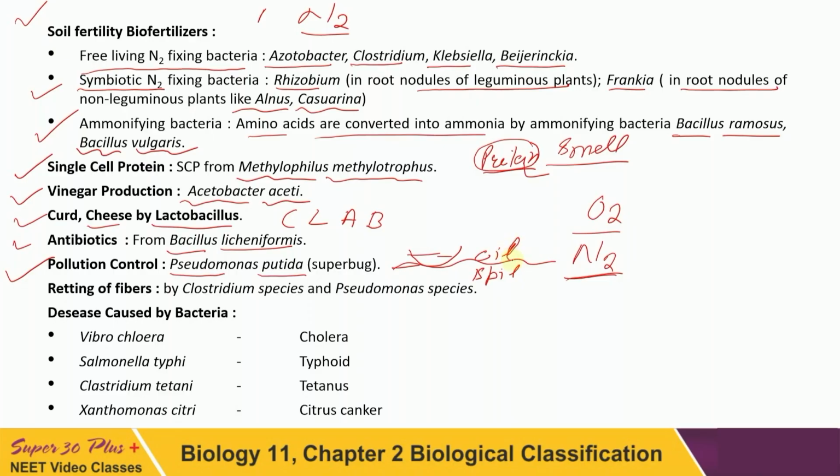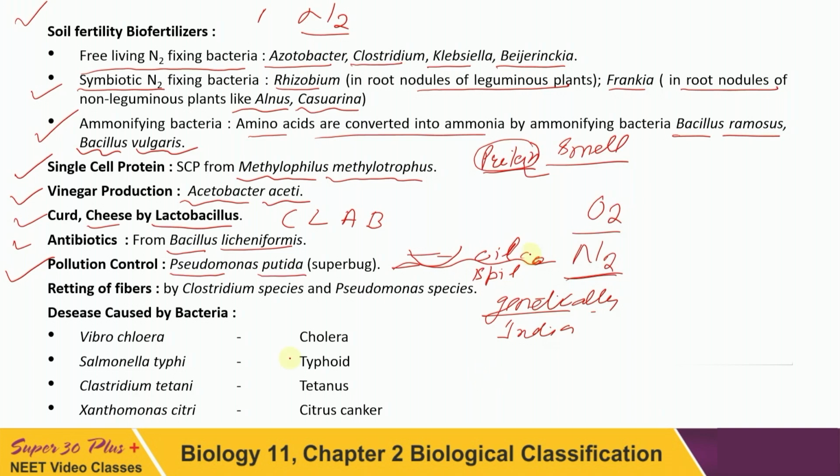How is this pollution to be checked and removed? This bacteria, Pseudomonas putida, was genetically modified, and this modification was done by an Indian scientist. This bacteria will be put there, it will multiply at a very fast rate, and it will be able to remove this pollution.